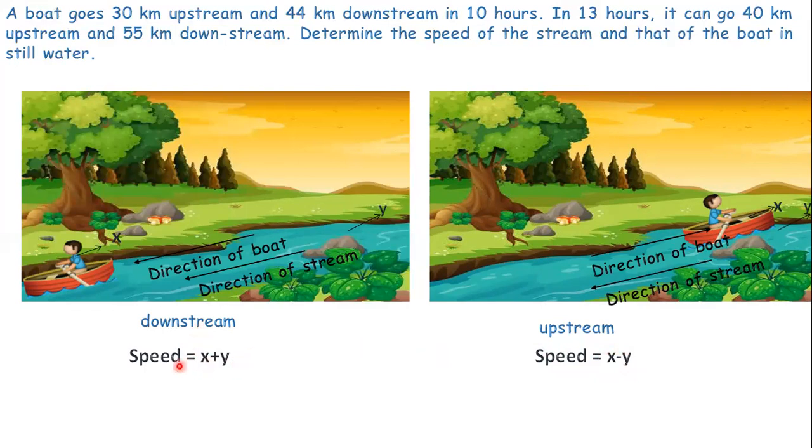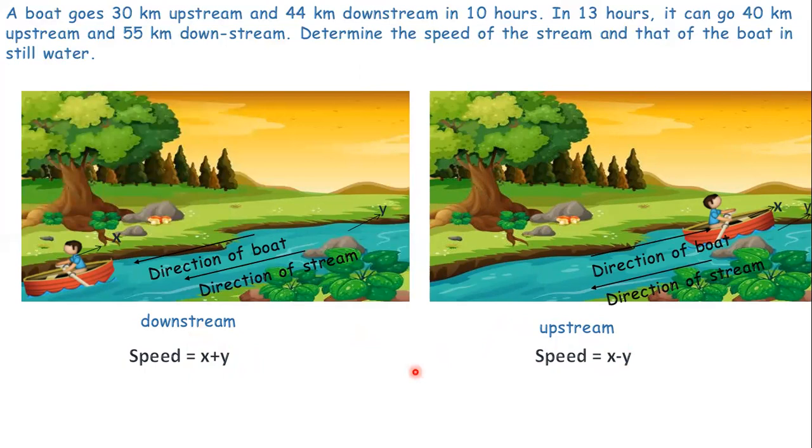In downstream, the speed of the boat will be speed of the boat in still water plus speed of the stream. In upstream, speed of the boat will be speed of the boat in still water minus speed of the stream.